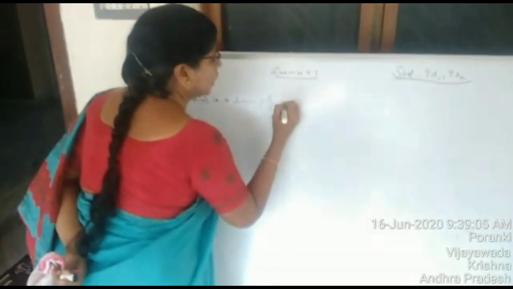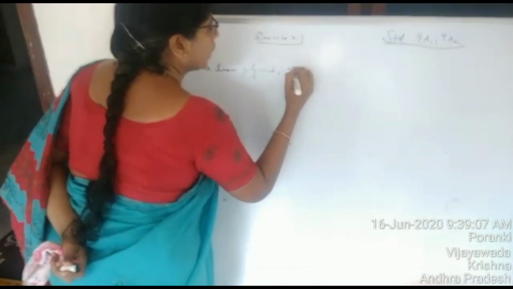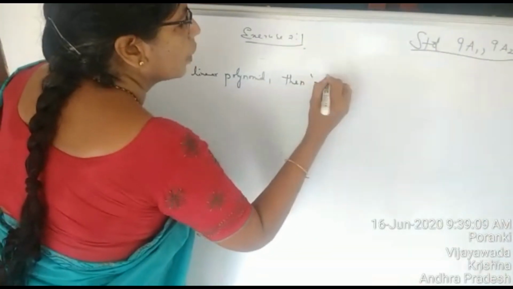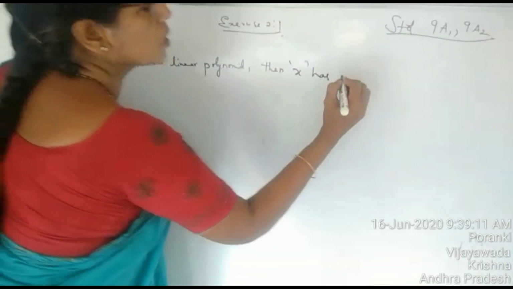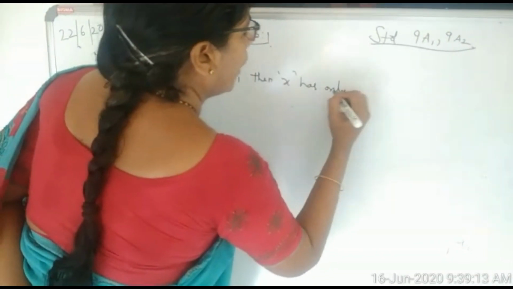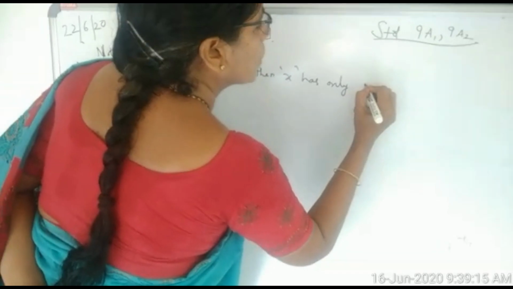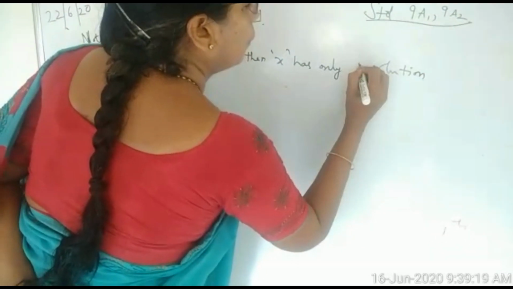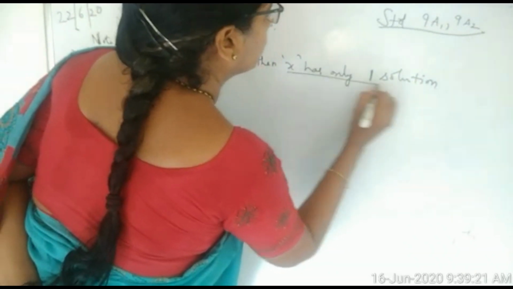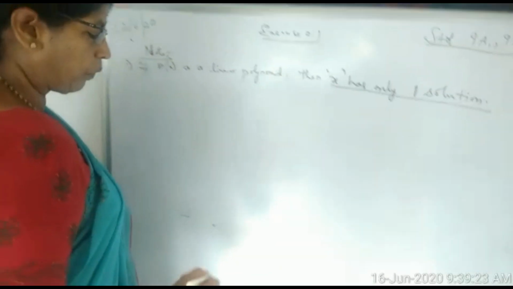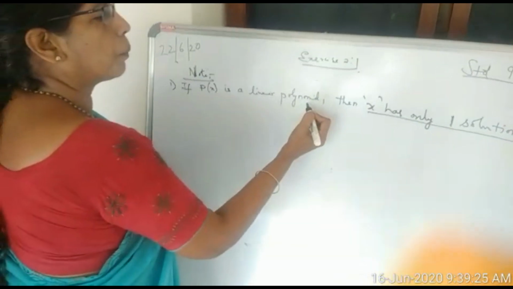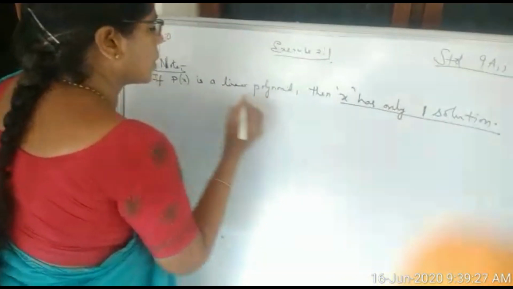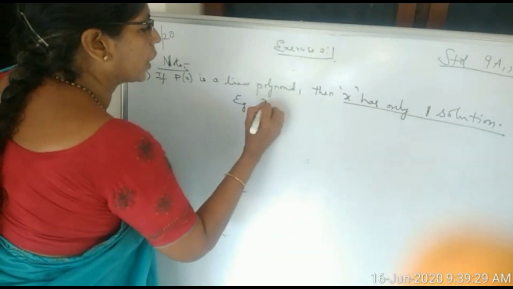If P of x is a linear polynomial, then x has only one solution, children.